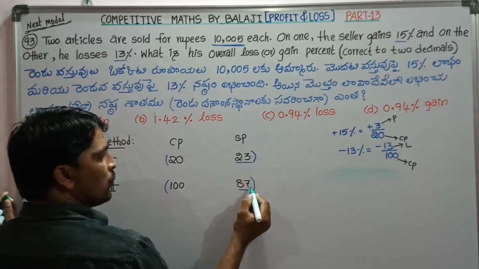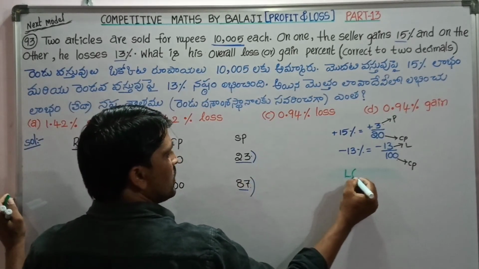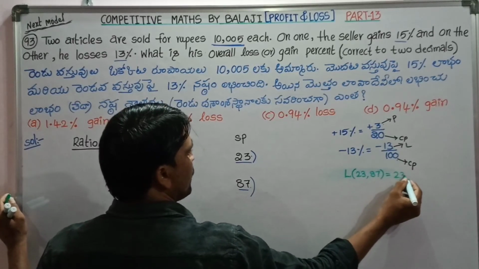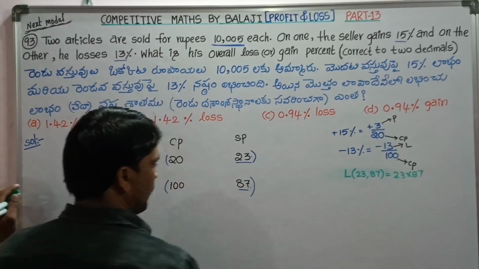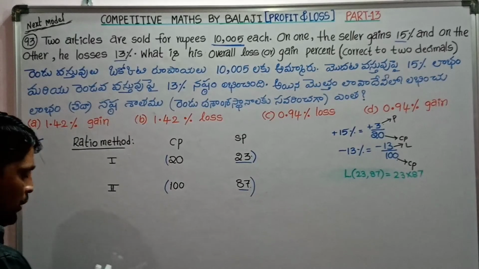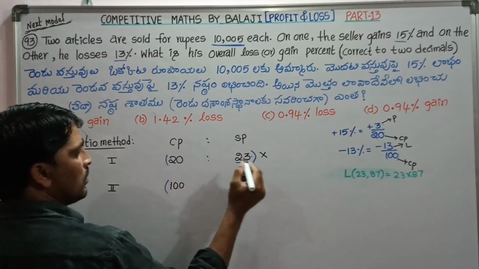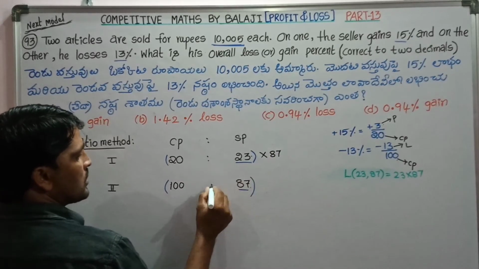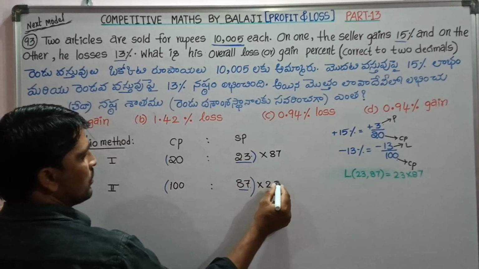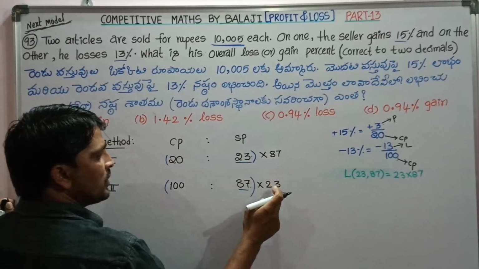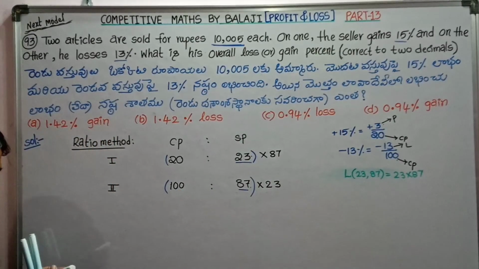Consider the LCM of 23 and 87. LCM of 23, 87 is equal to their product 23 into 87. Calculative question here it is. So multiply first ratio by 87 and second ratio by 23. So see the SPs of both articles, 23 into 87, 23 into 87. Both are equal.